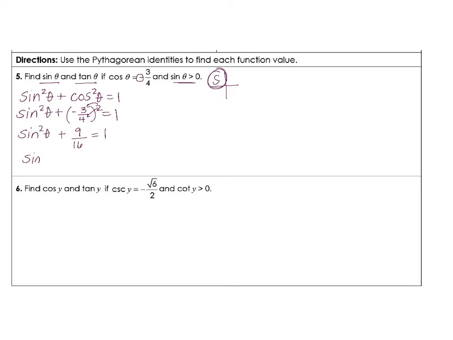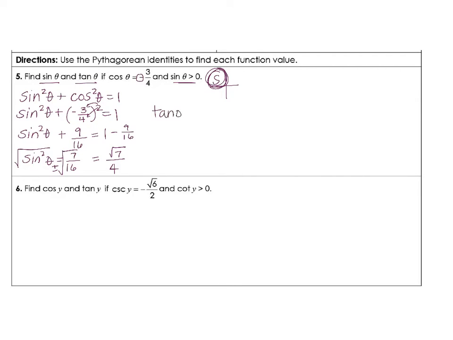So sine squared theta is going to be 1 minus 9 over 16, and so I'm going to have 7 over 16. Take the square root of both sides, and again we do have plus or minus, however we figured out that we are in quadrant 2, so we're going to take the positive, and that's going to be the square root of 7 over 4.